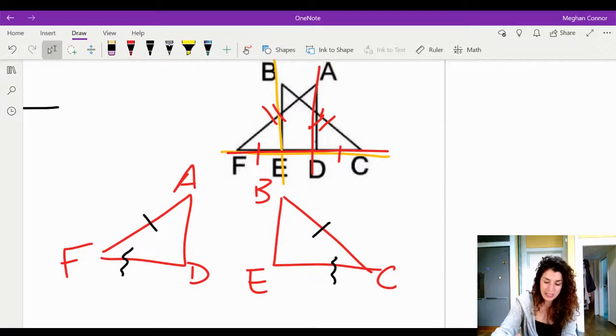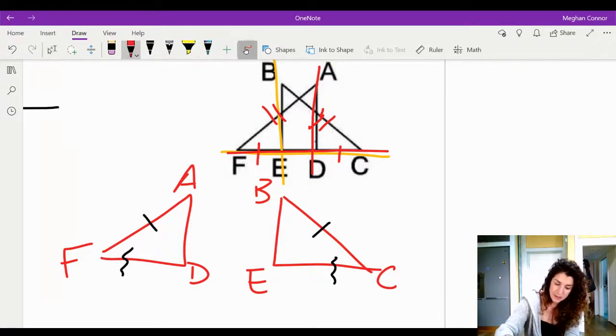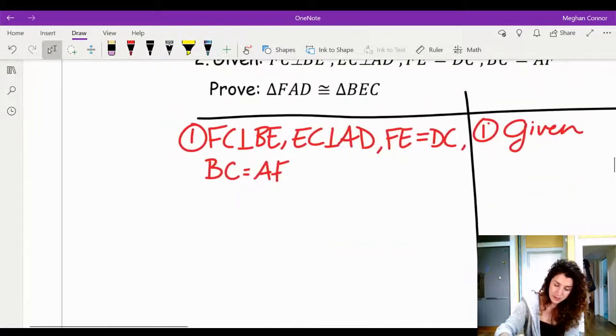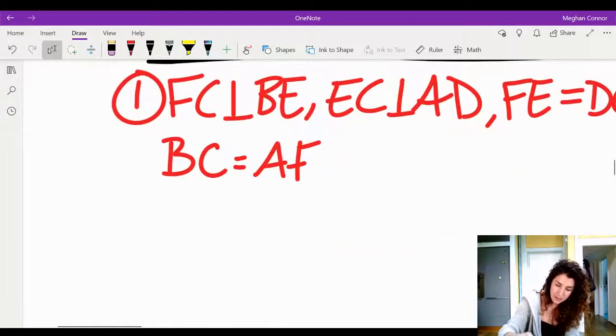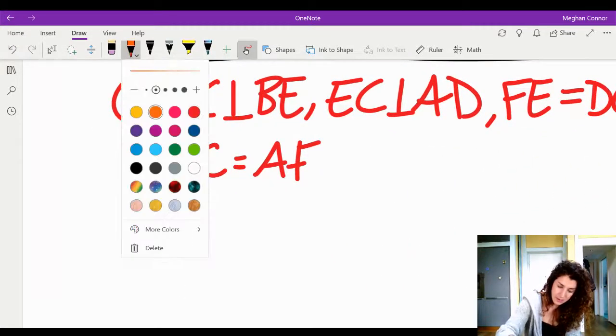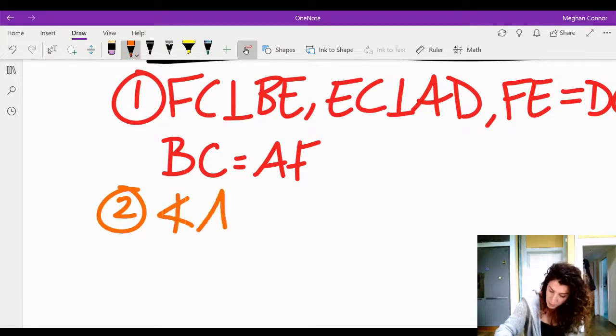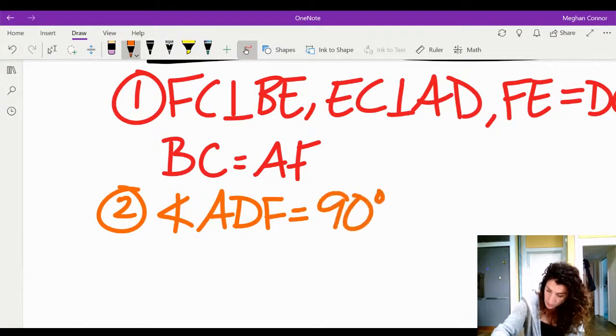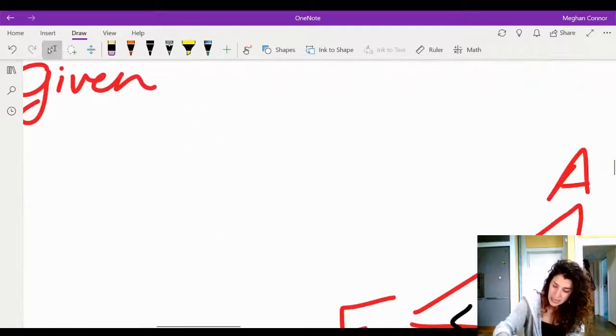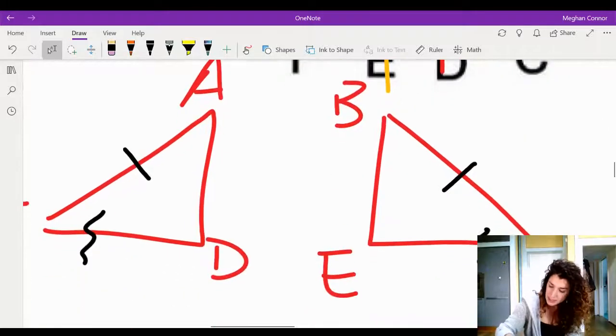So let's call it angle ADF, 90 degrees, and BEC.